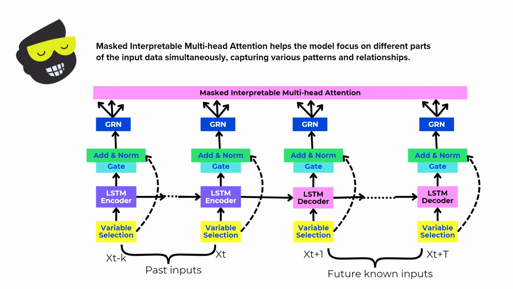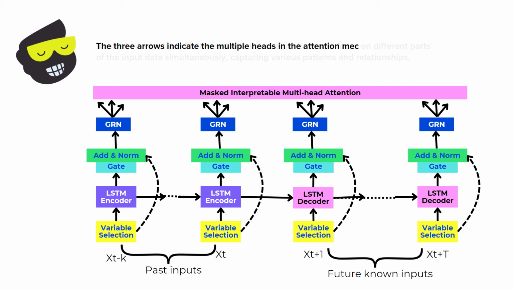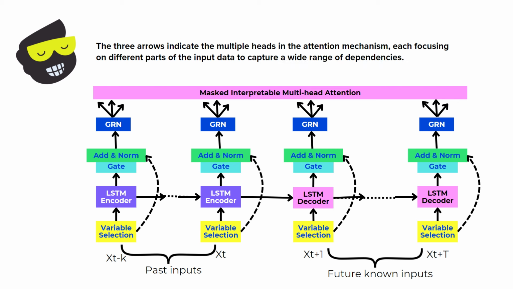And therefore, why does it have 3 arrows? This is because the arrows indicate the multiple heads used in the attention mechanism. So each arrow represents a different head focusing on a different part of the input data. So this multi-head approach ensures that the model can capture a wide range of dependencies and relationships. And this makes the predictions more robust and more accurate.